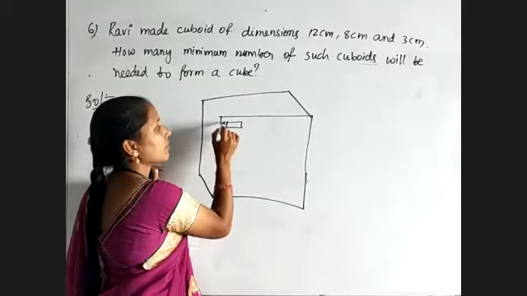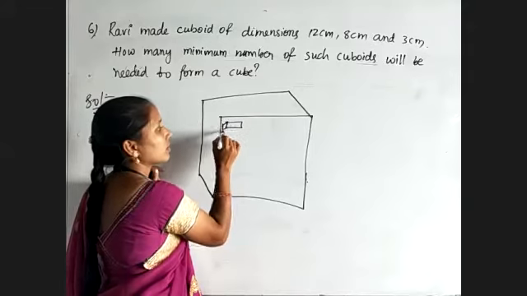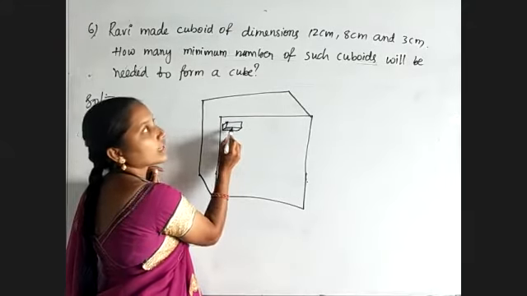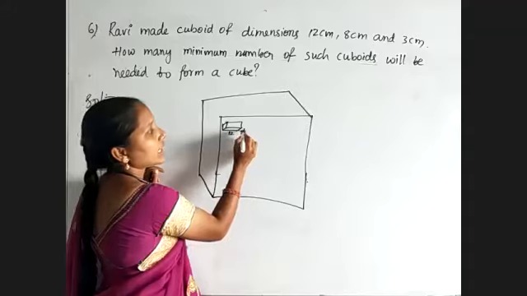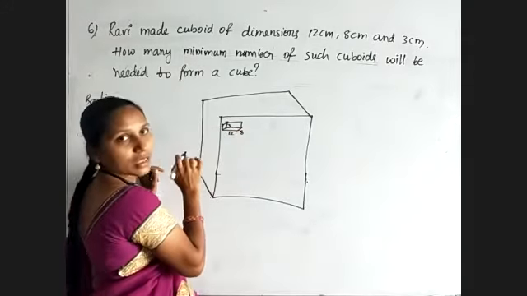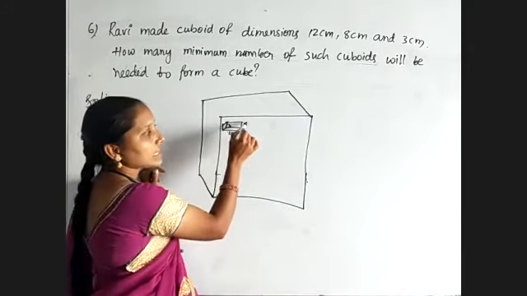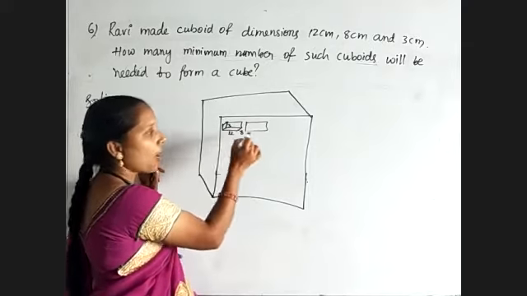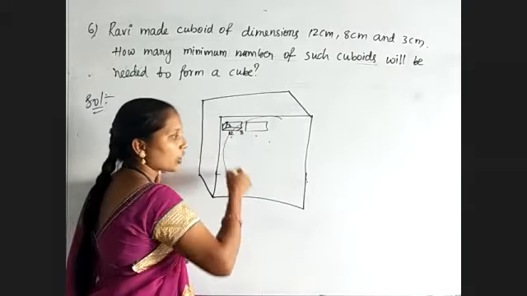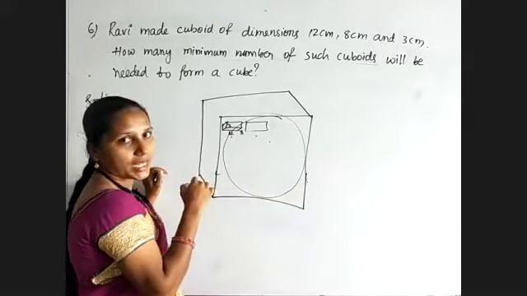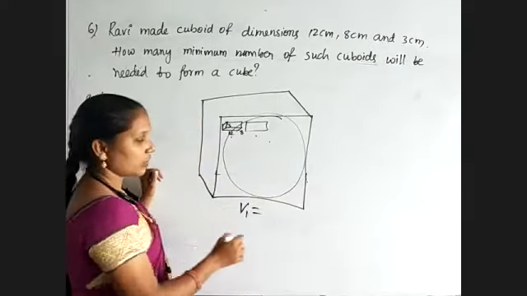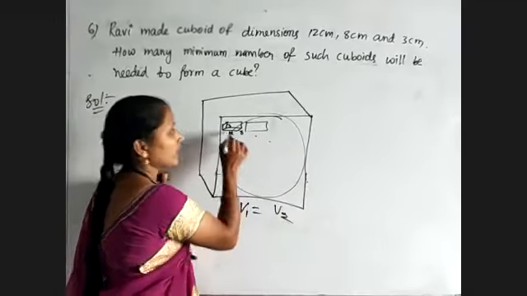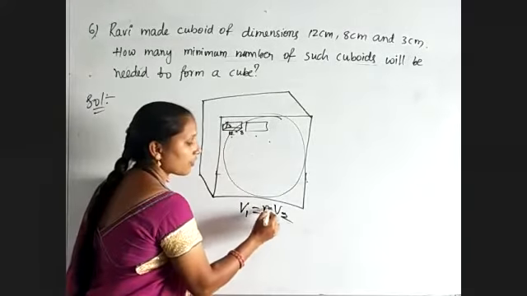Here they have given different dimensions. The length of the cuboid is 12 centimeters, breadth is 8, and height is 3. Like this, smaller cuboids are there. So how many smaller cuboids will occupy this complete place? That means the volume of the cube will be equal to the volume of the cuboid into the number of cuboids.